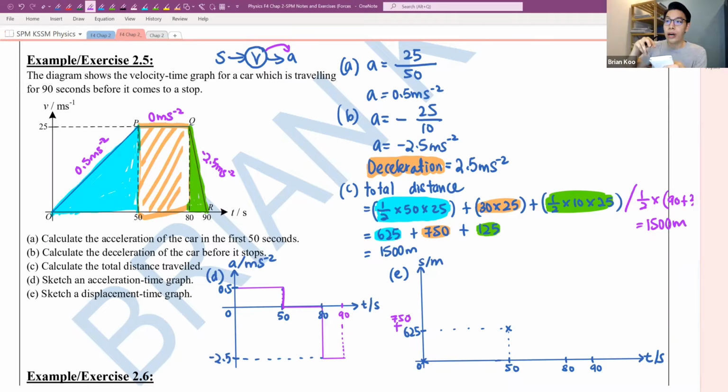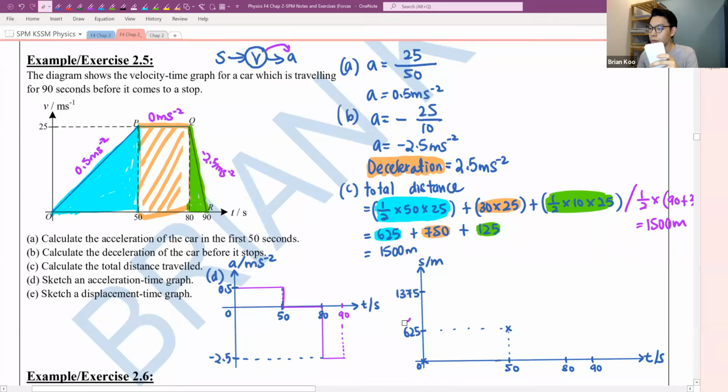The car travelled 625 meters already, and then continued 750. So in total, it has now gone up to 1375. Who doesn't know how I got 1375? Please let me know.